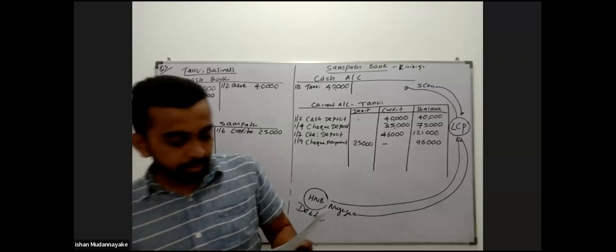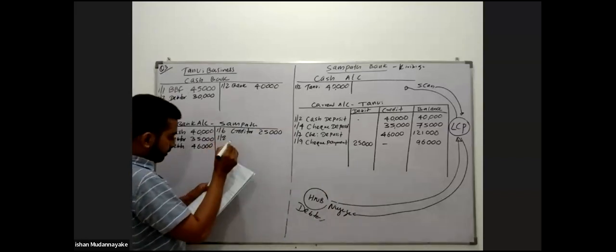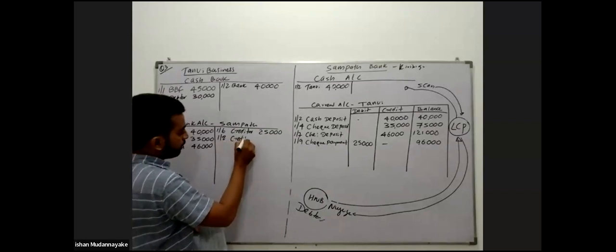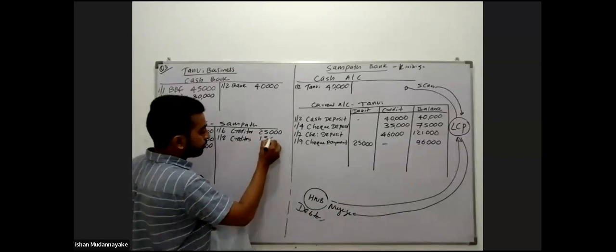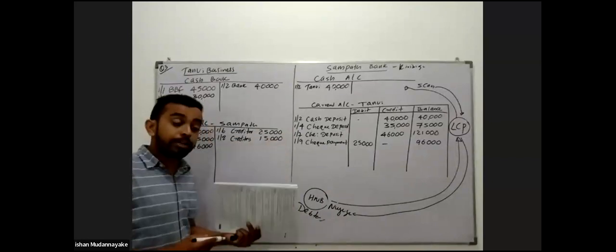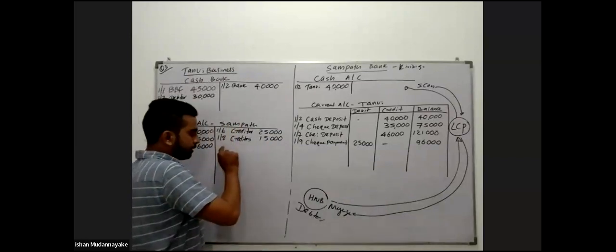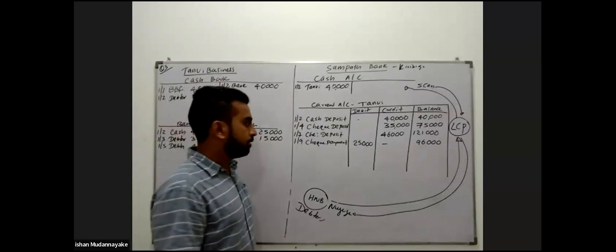8 January, bank account credit, creditors account debit 15,000.